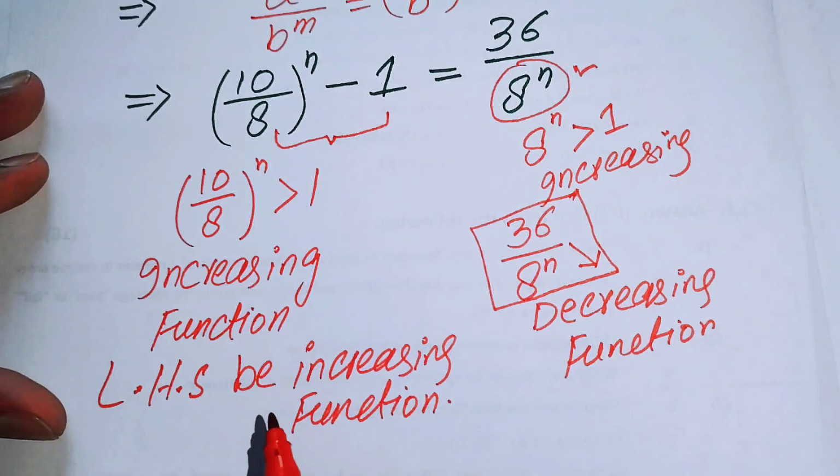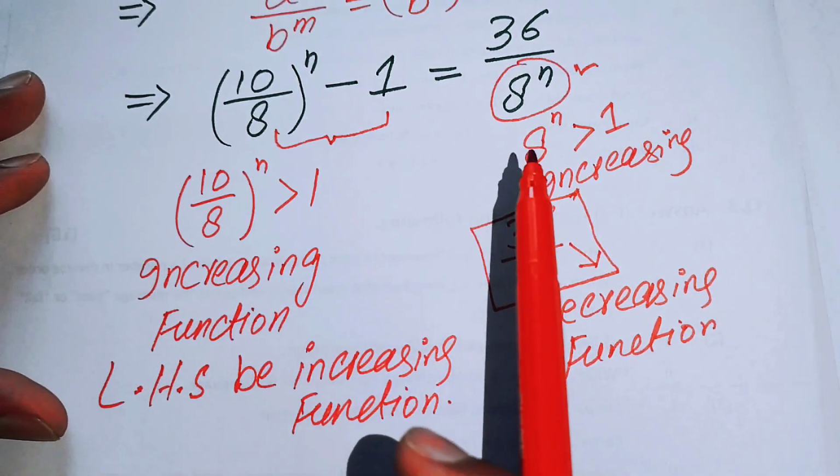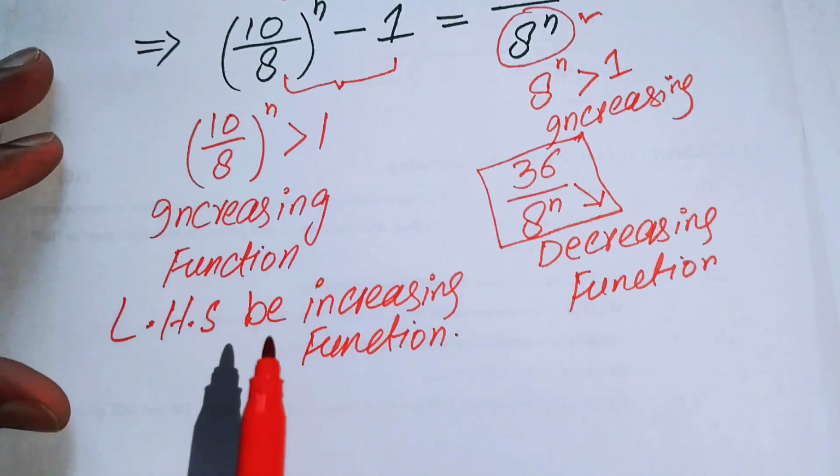Now you see that our left hand side is an increasing function and our right hand side is a decreasing function.